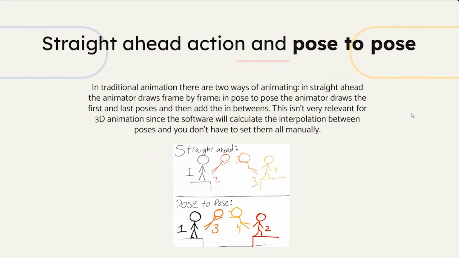In 3D, we don't have to worry about it. We usually work with pose to pose because the software is going to interpolate these middle poses. And if you want, you just go and adjust the pose in the middle. So this is not something to worry about, but it's nice to know how the software works. The software for 3D animation is always pose to pose.